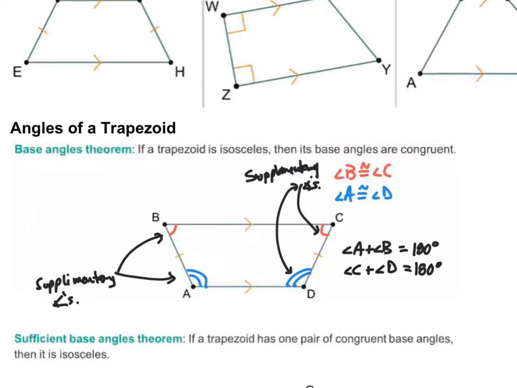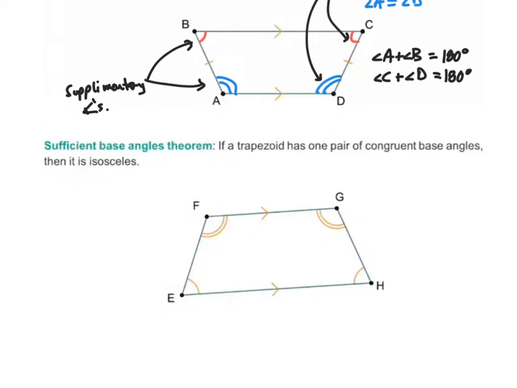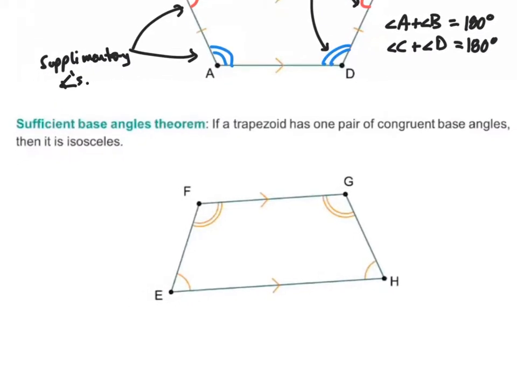So for an isosceles trapezoid, we can make all of these claims: that these angles are congruent, so are these, and that consecutive angles here and here are supplementary. Now what we can conclude is, let's say you have a picture: if a trapezoid has one pair of congruent base angles, then it is isosceles.